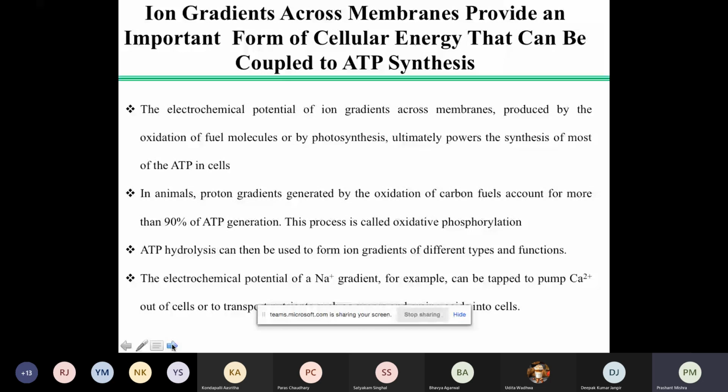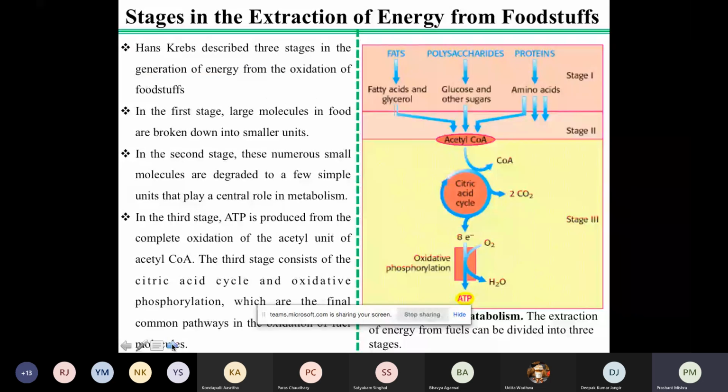Now, let us move on to a central theme by which all the metabolism occurs, whether it is fat metabolism, or polysaccharide, or protein. All of them are metabolized by a central theme. There are three stages, which were described by Hans Krebs.